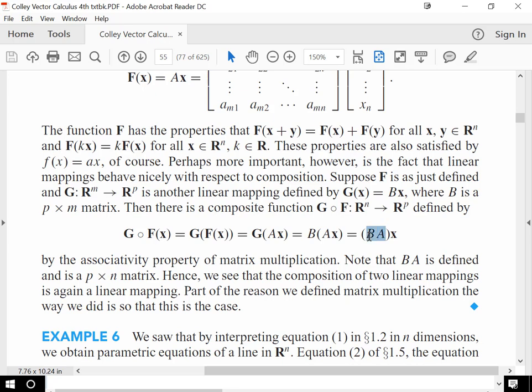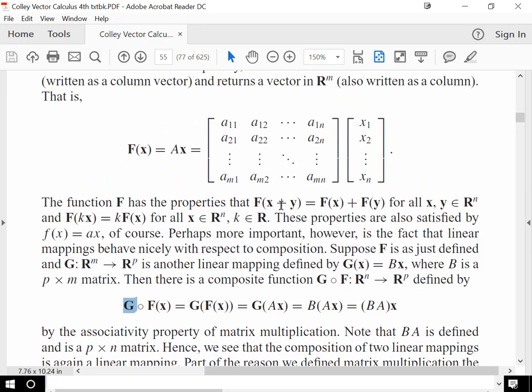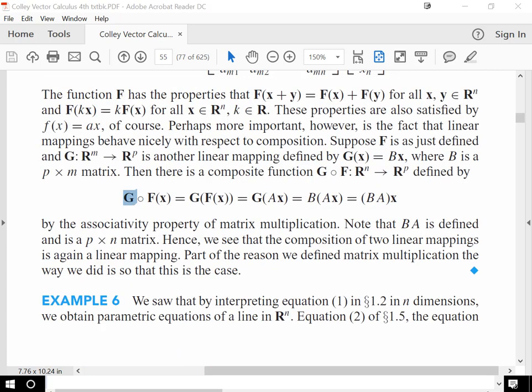BA is itself a matrix, times x. So that says that if we start with two linear mappings and we take their composition, the result will also be linear. That means the result will also have this kind of property and this kind of property. So that's a very important and useful result.